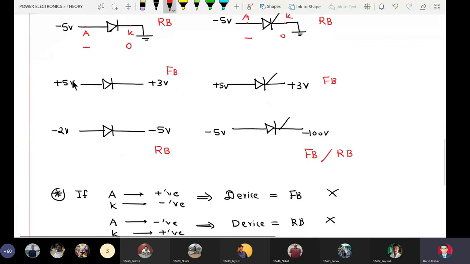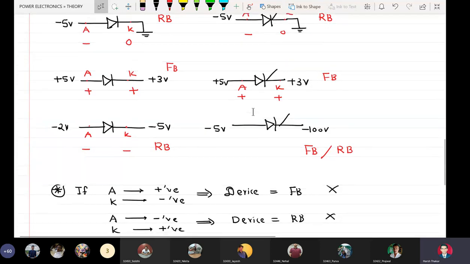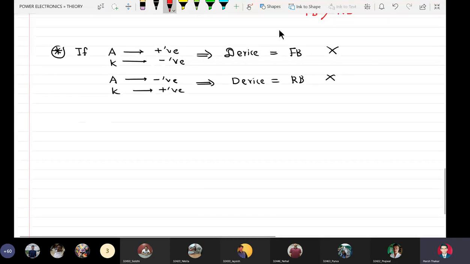We also see cases where the anode is positive and the cathode is also positive, and where the anode is negative and the cathode is also negative. But understand, if the potential difference across the device is positive, then it is called forward bias. That is why these definitions need not be correct every time.